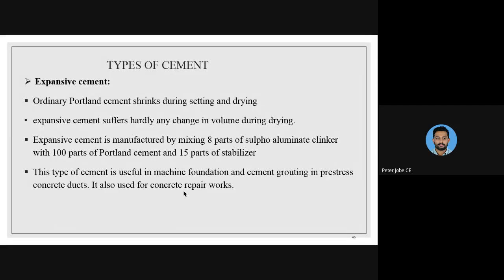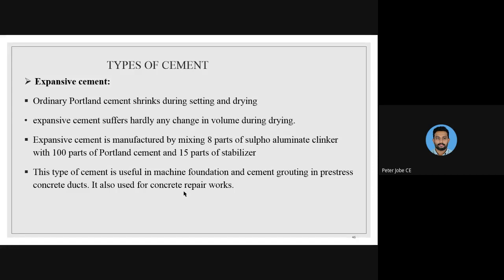That's known as shrinking of cement, and it can cause cracks in our structure. Expansive cement suffers hardly any change in volume during drying, so that's the reason we use it. Expansive cement is manufactured by mixing 8 parts of sulfoaluminate clinker with 100 parts of Portland cement and 15 parts of stabilizer, in order to reduce the change in volume.